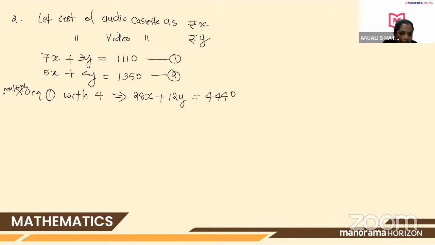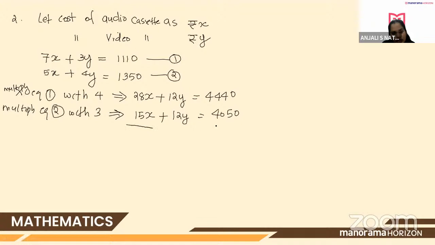And then we can multiply equation 2 with 3. So 15x plus 12y is equal to 4050.